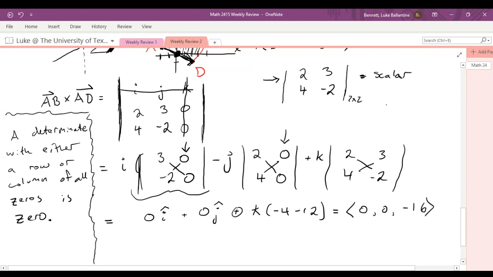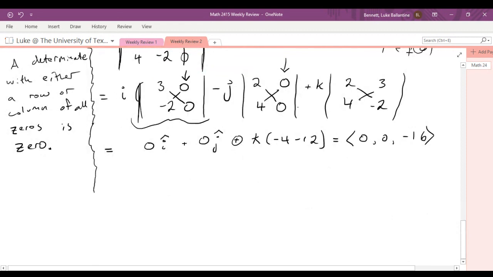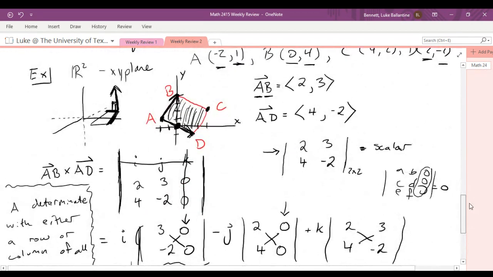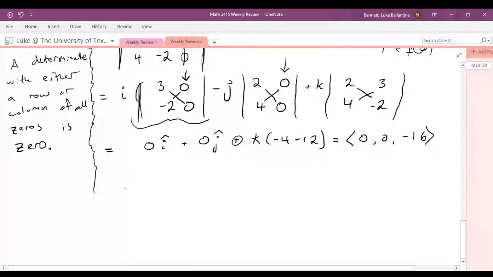Same thing with the 3 by 3. If we have a 3 by 3 determinant, like A, B, 0, 0, 0, C, D, F, this equals 0. You could calculate this by doing the cofactor expansion, but since we have a column of all zeros, the determinant is 0. Okay, so this is my cross product vector AB cross AD.